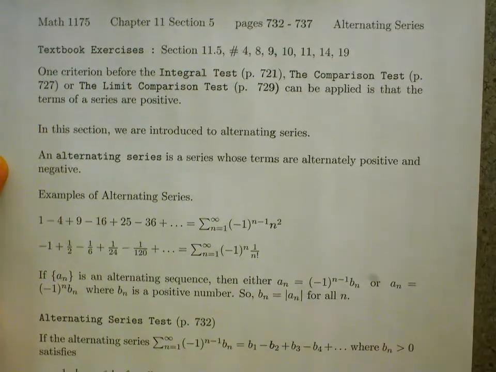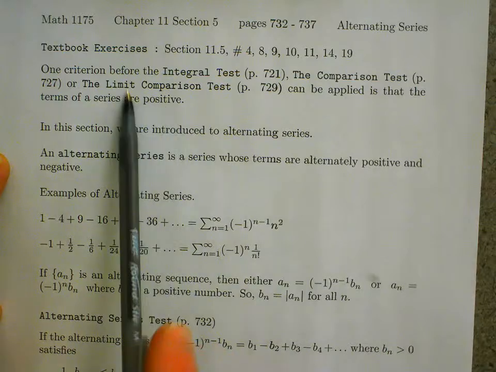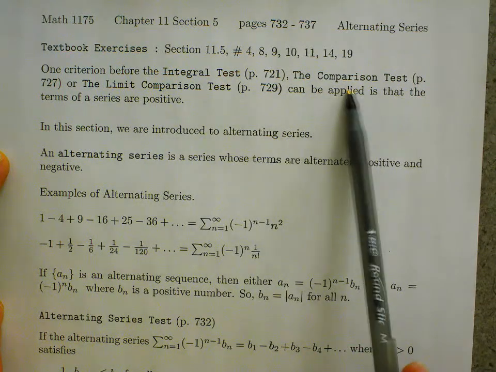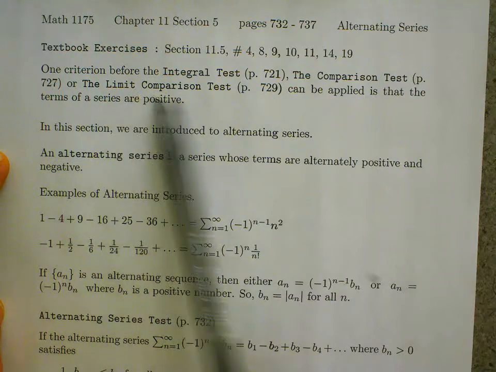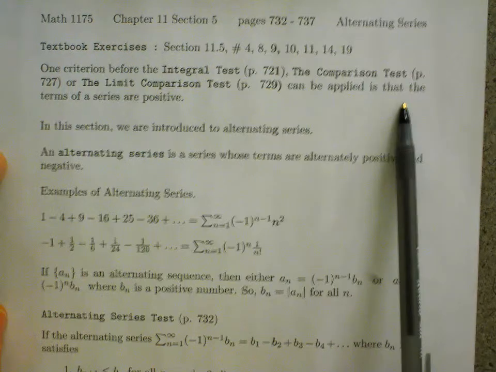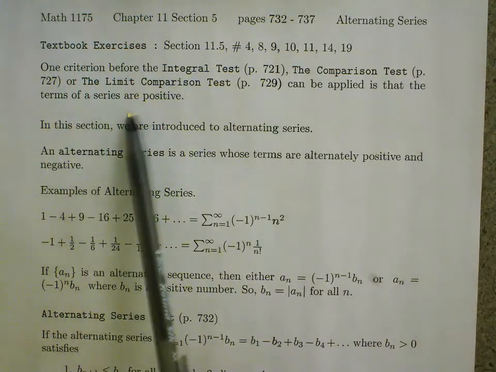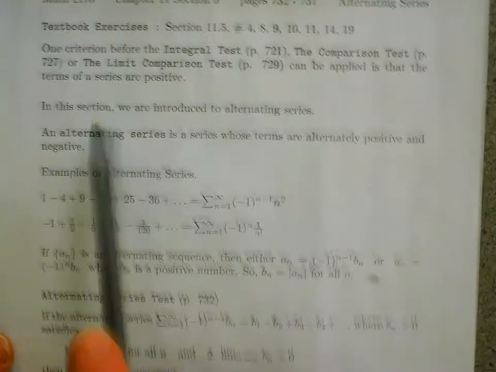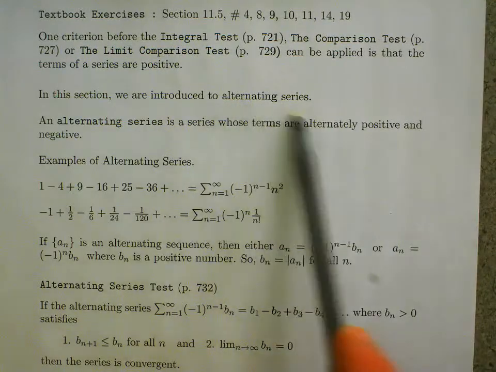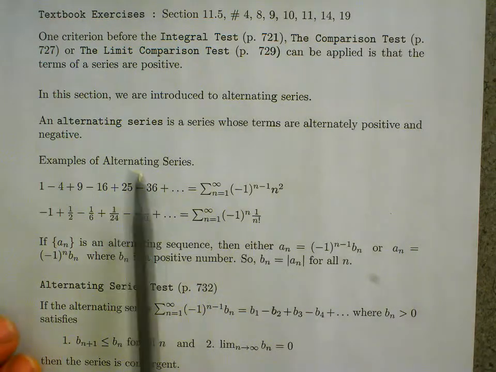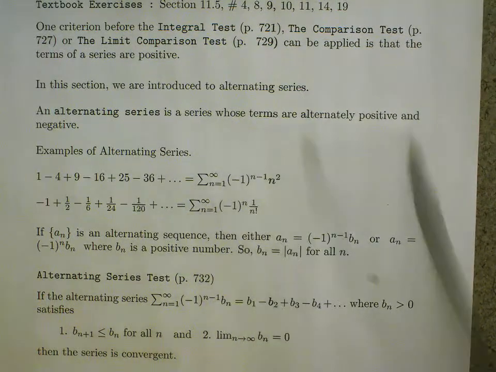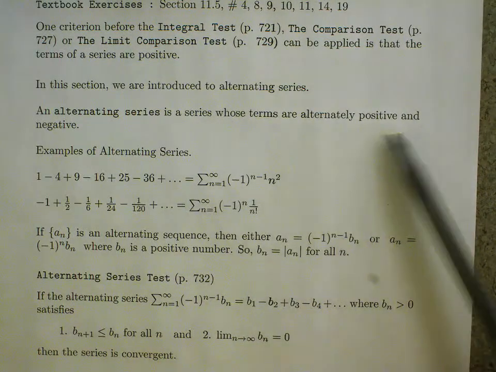Okay, so just a note, one criterion before the integral test, the comparison test, or the limit comparison test can be applied is that the terms of a series are all positive. In this section, we are introduced to alternating series. An alternating series is a series whose terms are alternately positive and negative.